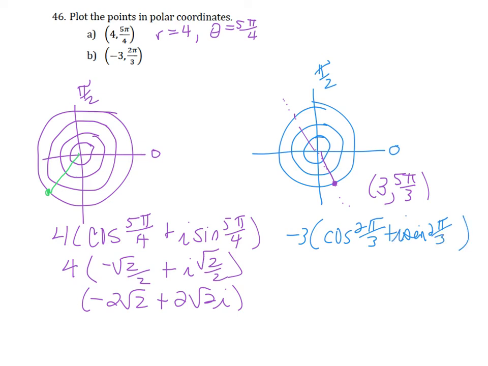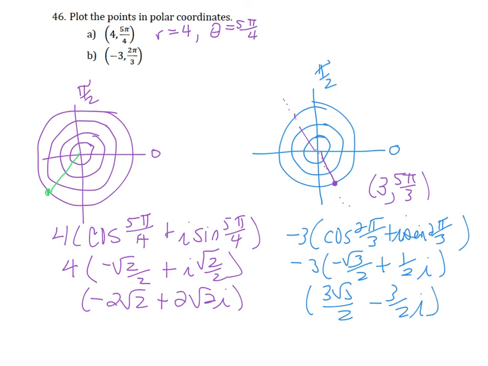And then that would be negative 3 times negative radical 3 over 2 plus 1/2 I. And when you distribute, you get a final complex number of 3 radical 3 over 2 minus 3 over 2 I. Do you see how it puts us in that fourth quadrant? Because the x, or the real component, is positive, and the y component, or the imaginary component, is negative. So it would put us in that same quadrant. So there's 46 for you.